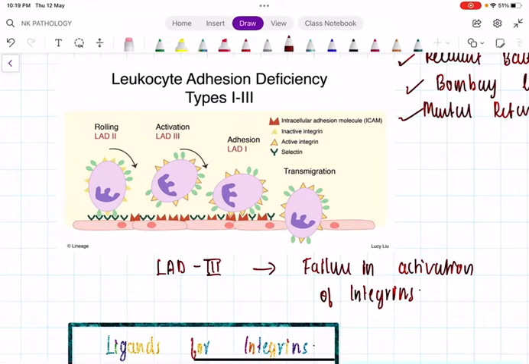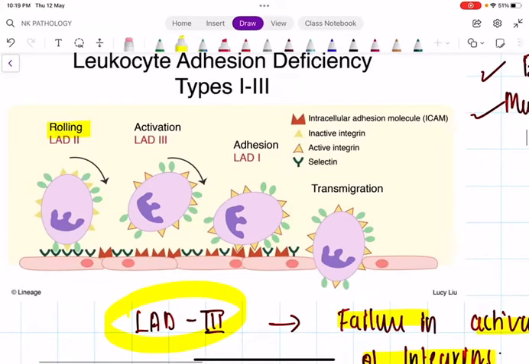Whenever there is a failure in activation of the integrin, we call it LAD type 3. Whenever there is a problem in rolling, it is LAD type 2. Whenever there is a problem in adhesion, that is integrin, since integrins only help in attachment, it is LAD type 1. Whenever there is a problem in activation, it is LAD type 3. So this slide itself will give you a good idea.